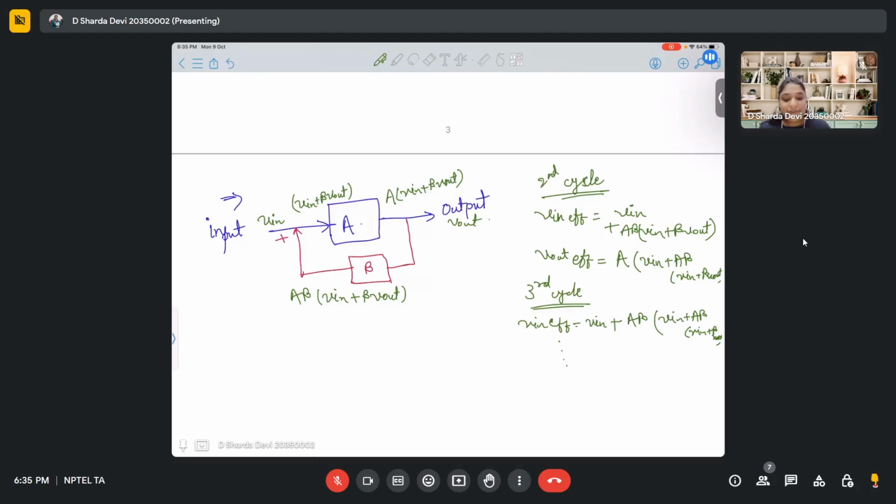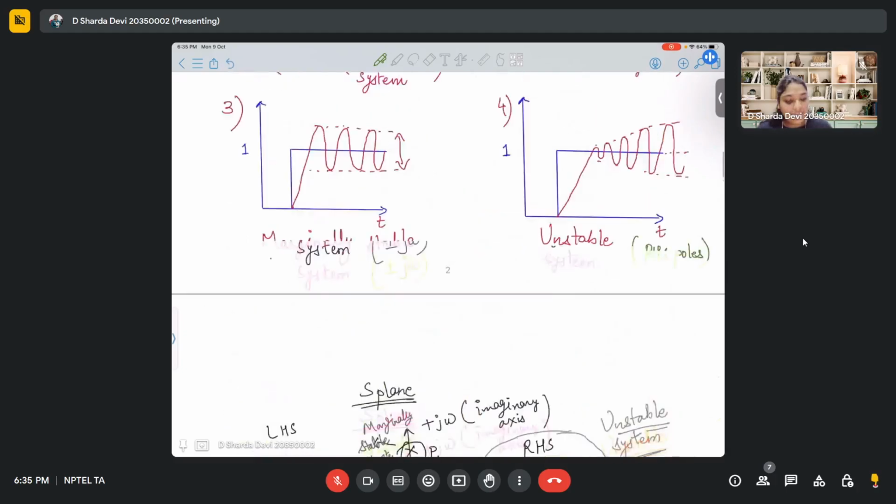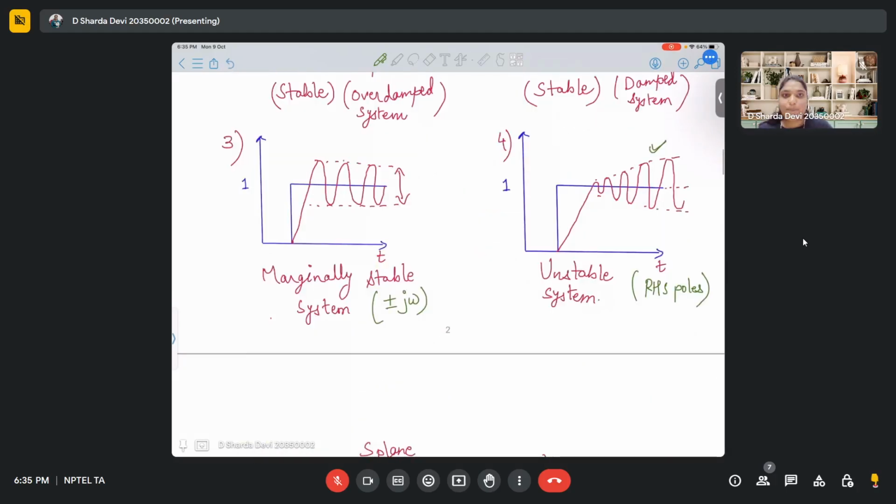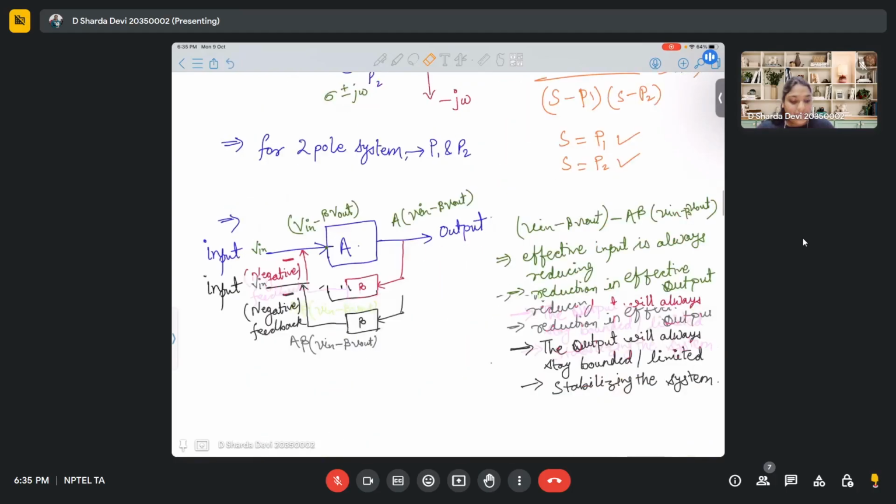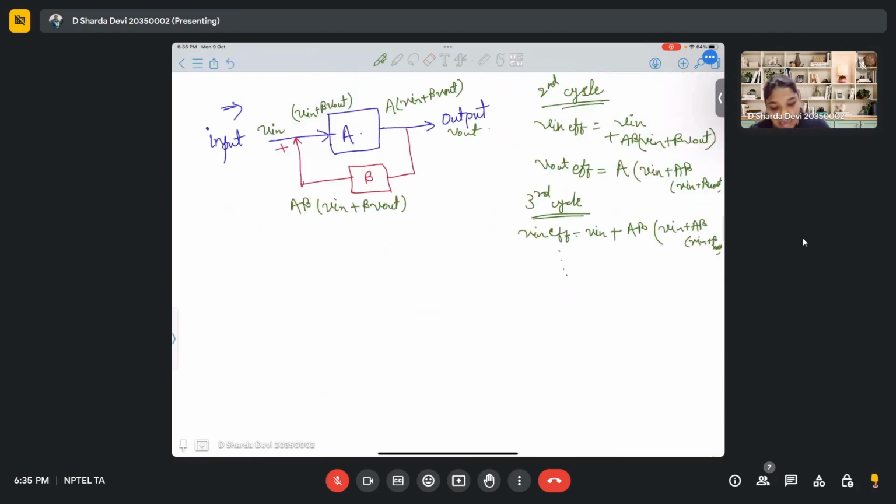As time passes, your output starts rising, and it will give you a behavior somewhat like this, leading to an unstable system. Correct? So this will lead to instability. So this is an unstable system.